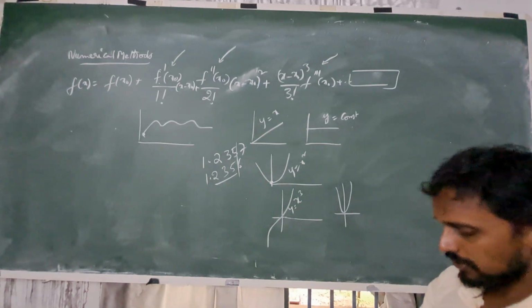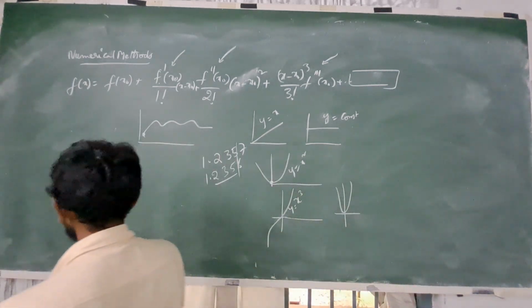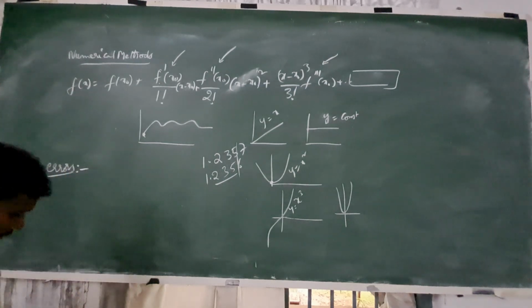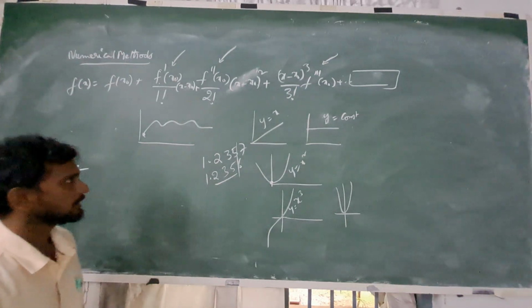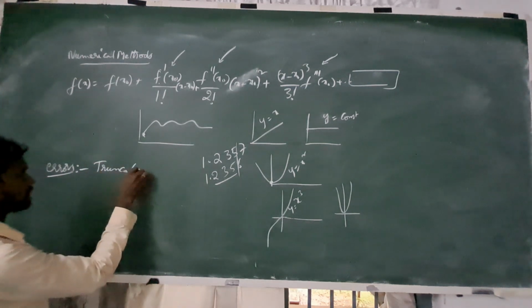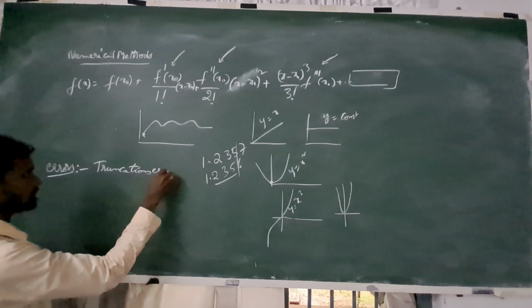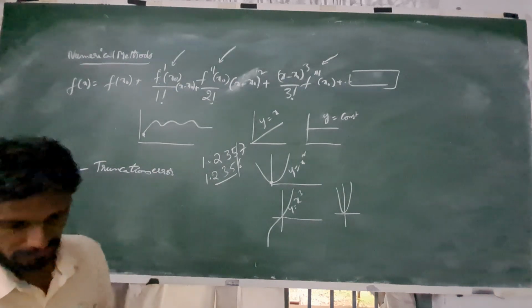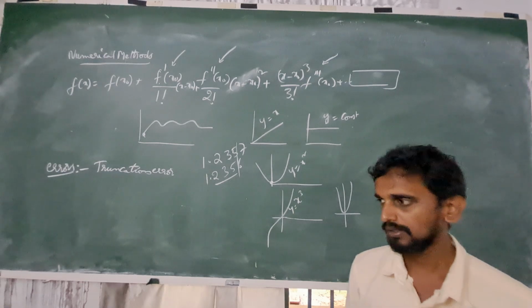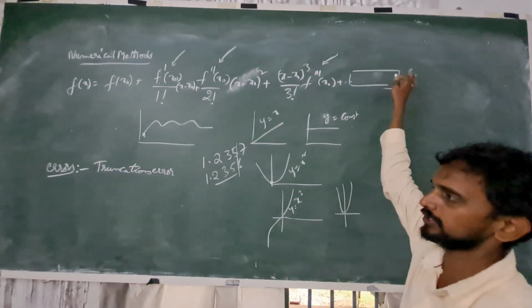Okay, so errors are basically of two types. One is truncation error. Truncation error arises when you neglect some of the higher order terms in the series.